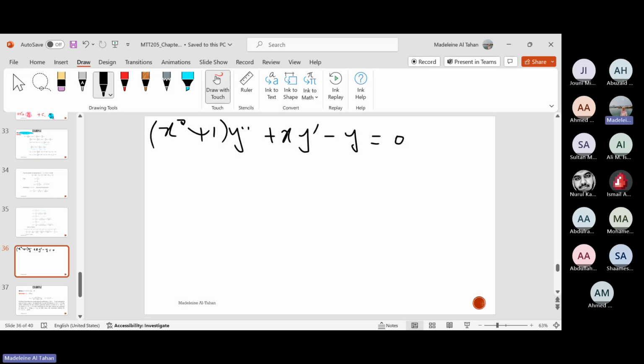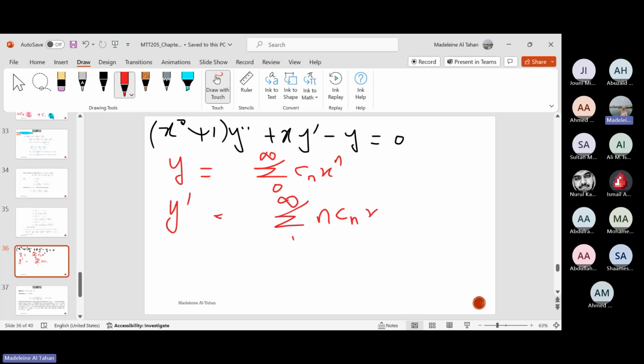We will take y equal sigma from 0 to infinity Cn xn. We need here y prime because we have it. Sigma from 1 to infinity n Cn xn minus 1, and y double prime, sigma from 2 to infinity n into n minus 1 Cn xn minus 2.